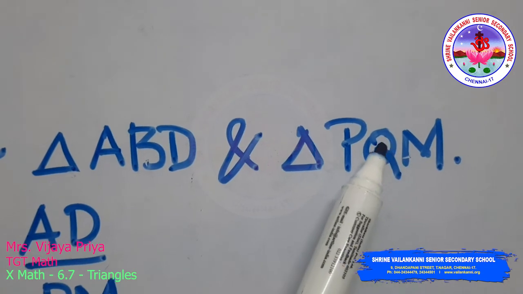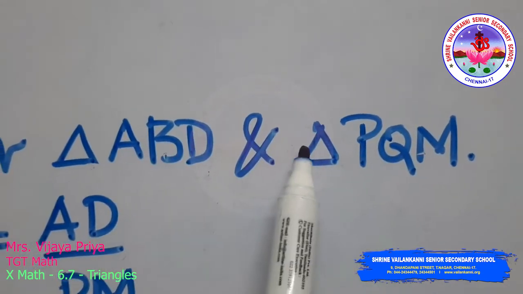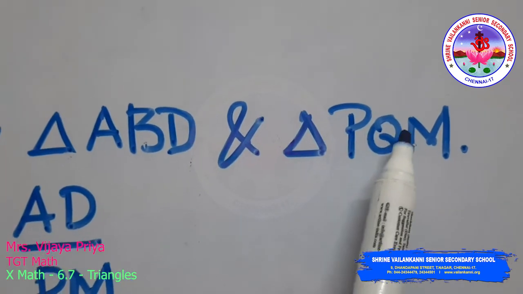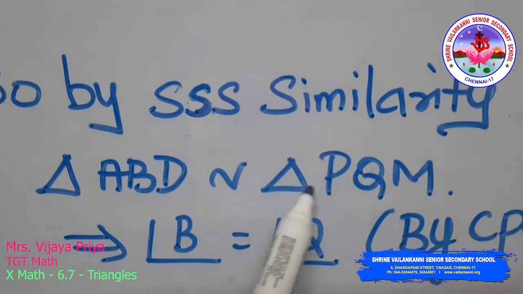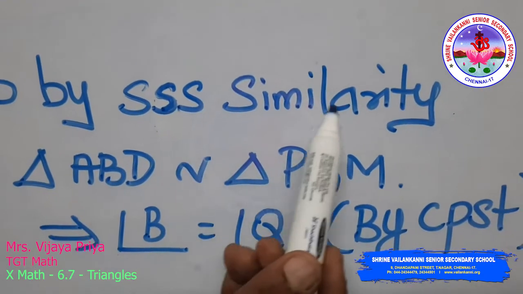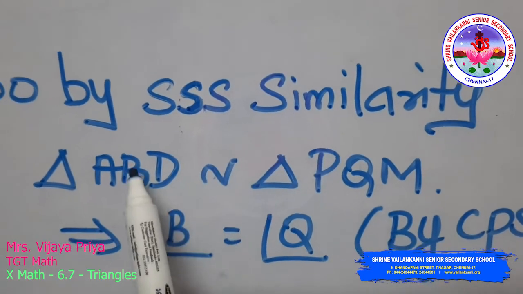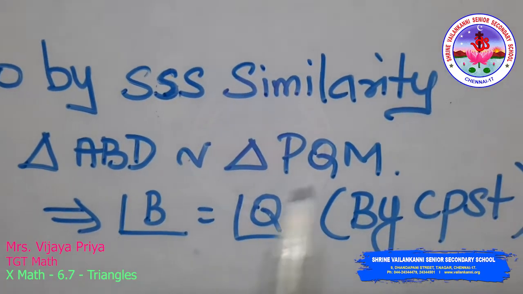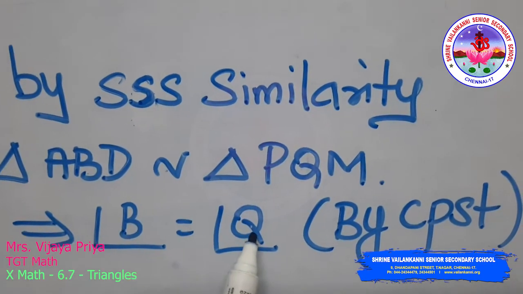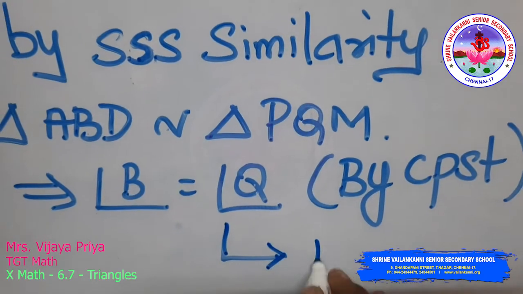So by SSS similarity, triangle ABD is similar to triangle PQM. Since these two triangles are similar, the angles contained in these two triangles are equal by CPST. Thus I got angle B is equal to angle Q, calling this equation 1.